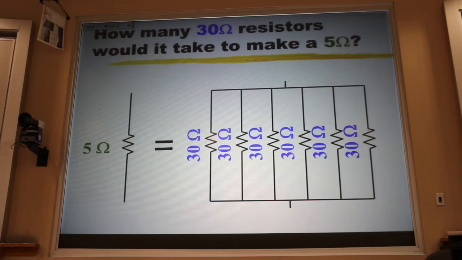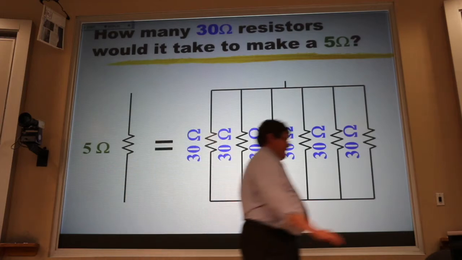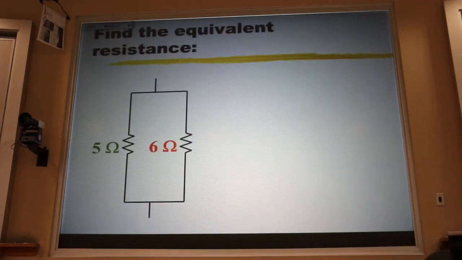Now, if I take the 5 and I put it next to the 6, what that looks like is 1, 2, 3, 4, 5. That's my 6 ohm. 1, 2, 3, 4, 5, 6. That's my 5 ohm.